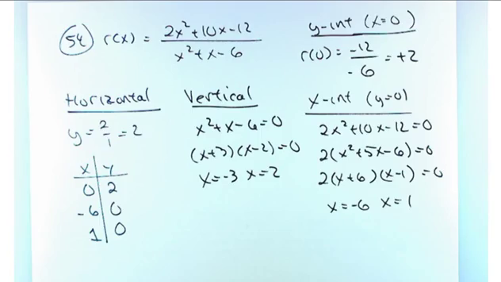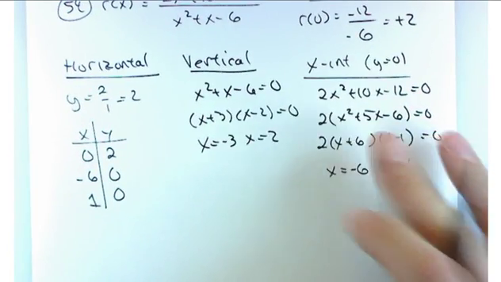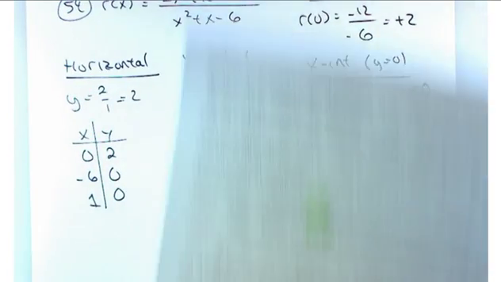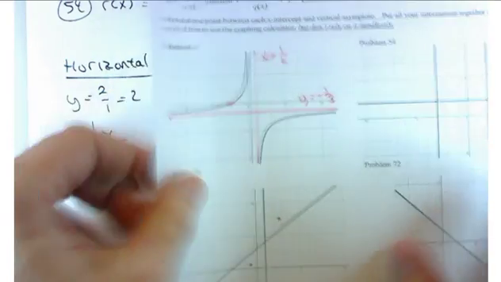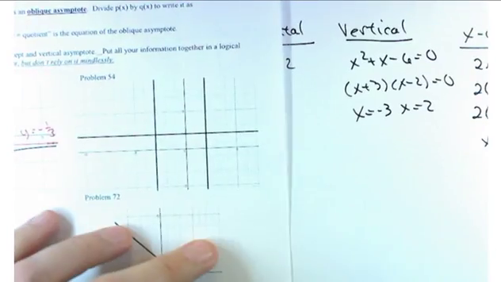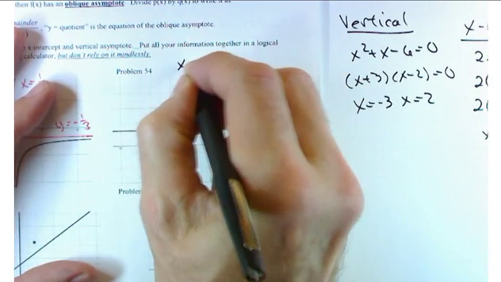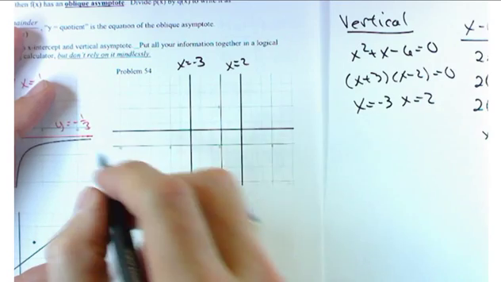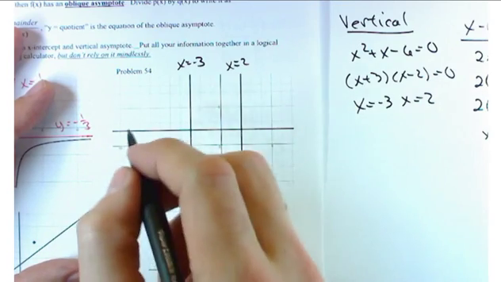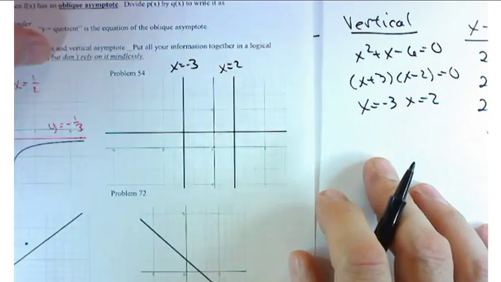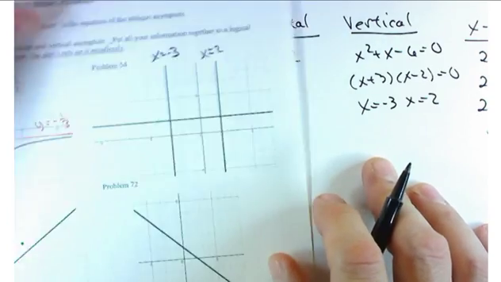As far as graphing these are concerned, I've given you a little bit of a head start here. Here's x equals 2. Here's x equals negative 3. Here's y equals 2. No, is that y equals 2? Was it? Yeah, y equals 2.